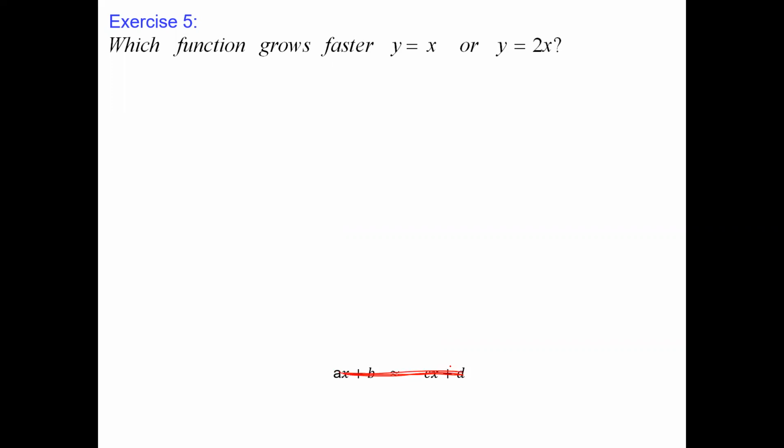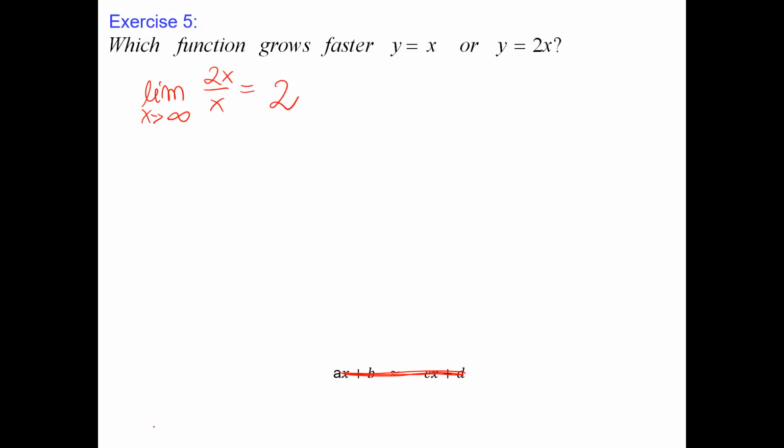Now, which function grows faster, x or 2x? I know there's a moment when we would like to say 2x, but we may see the main function is the same. The easy way is to do the same thing we did in the previous exercise. Let's create a ratio, and we know that this limit is 2.